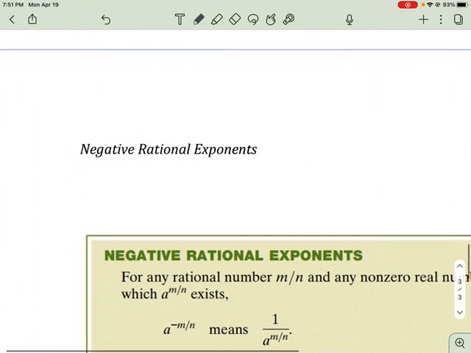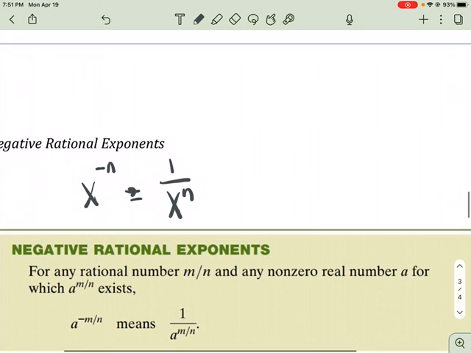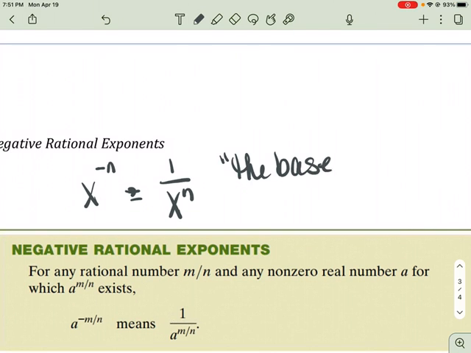So let's incorporate one more thing and then we'll be done. Negative exponents. So let's remember, do we remember this? It's equal to 1 over x to the n. Somebody once told me the phrase, the base is in the wrong place.